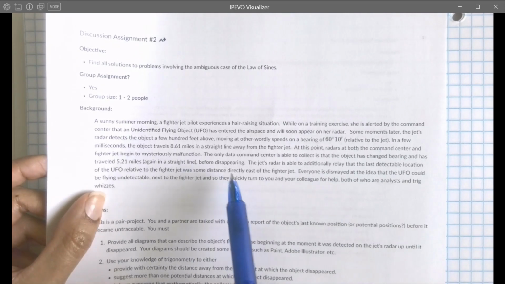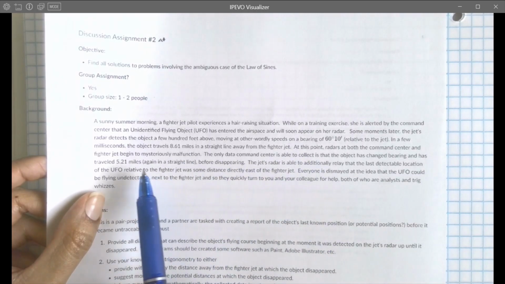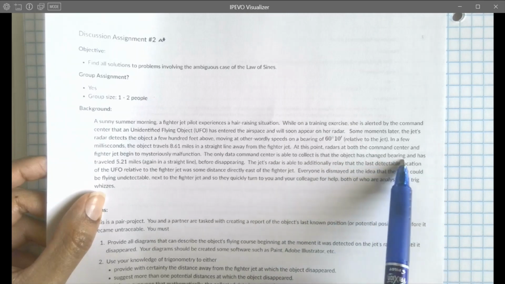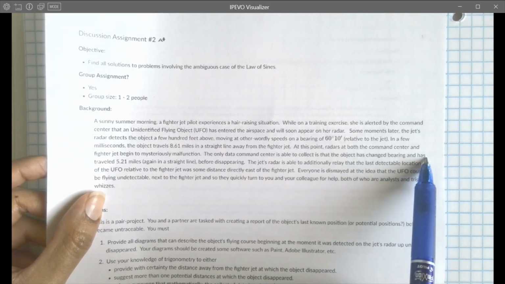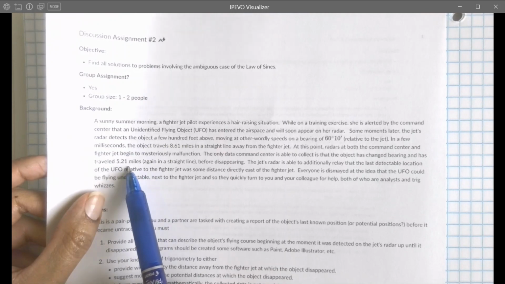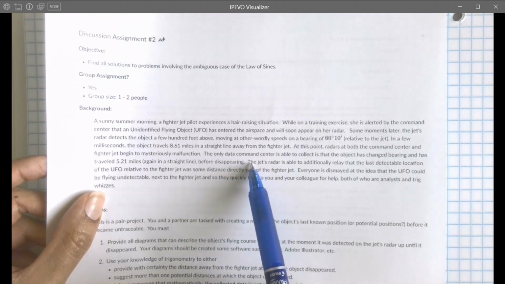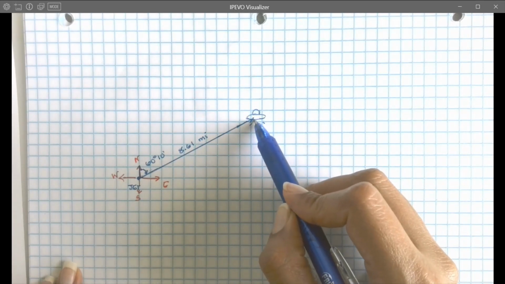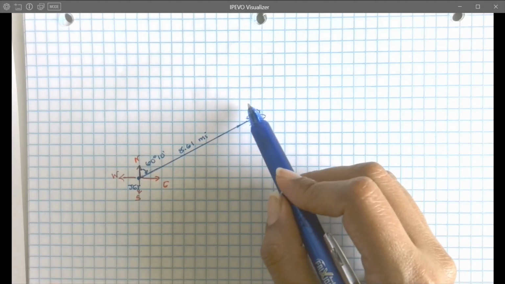So the only data they're able to collect is that it has changed bearing, meaning it has changed direction, and has traveled 5.21 miles again before disappearing. So we don't know how it rotated at this point, right? All we know is that it changed direction and it's 5.21 miles away from this point.